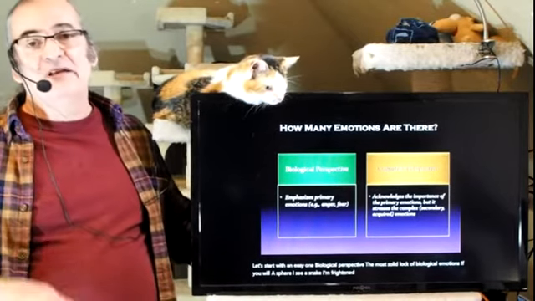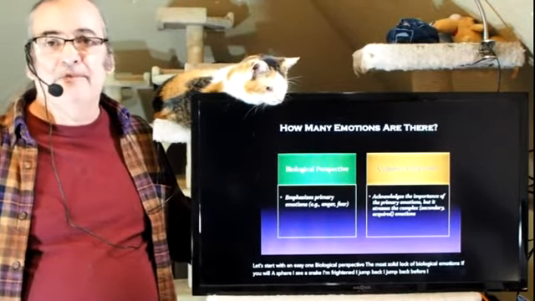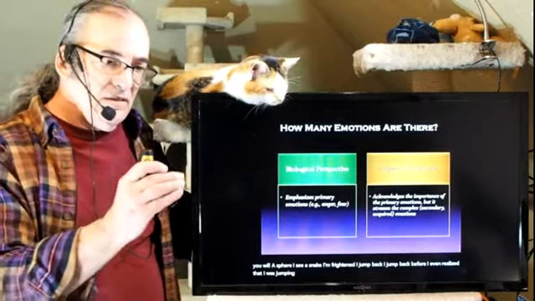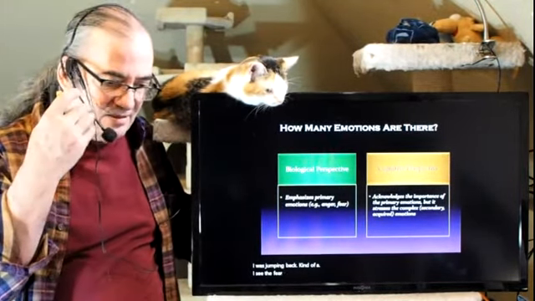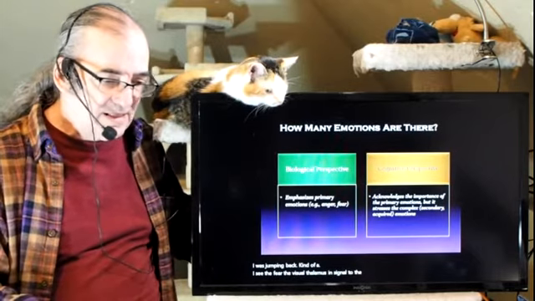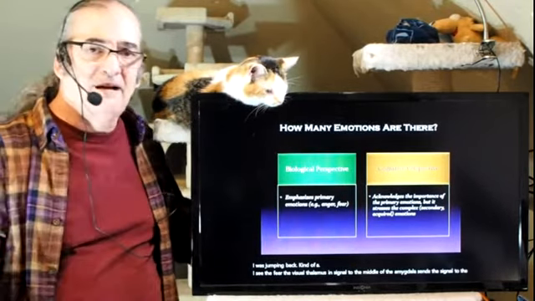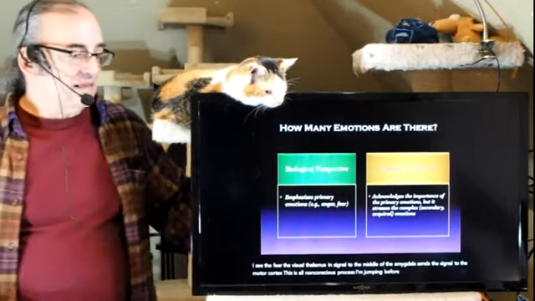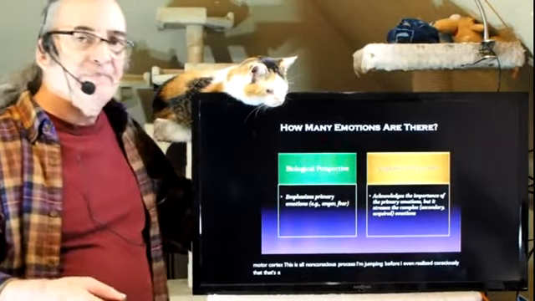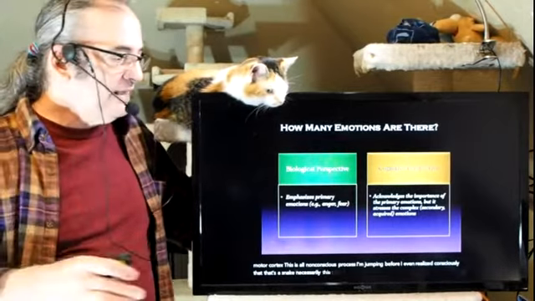I jump back before I even realize that I was jumping back. I see the fear, the visual thalamus sends the signal to the amygdala sends the signal to the motor cortex. This is all non-conscious process. I'm jumping before I even realize consciously that that's a snake necessarily, right? This kind of reactive behavior.